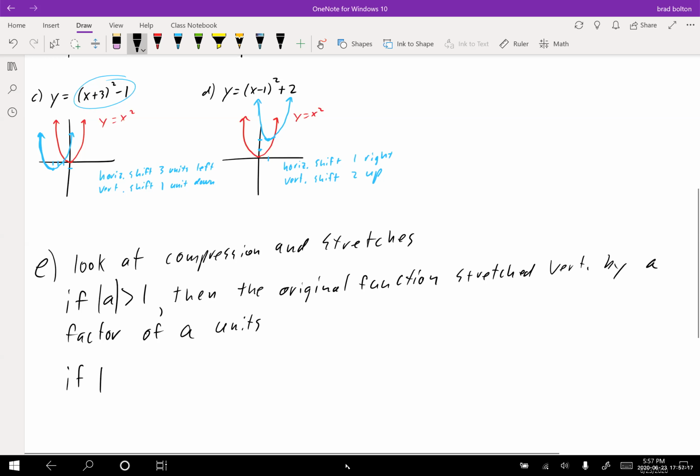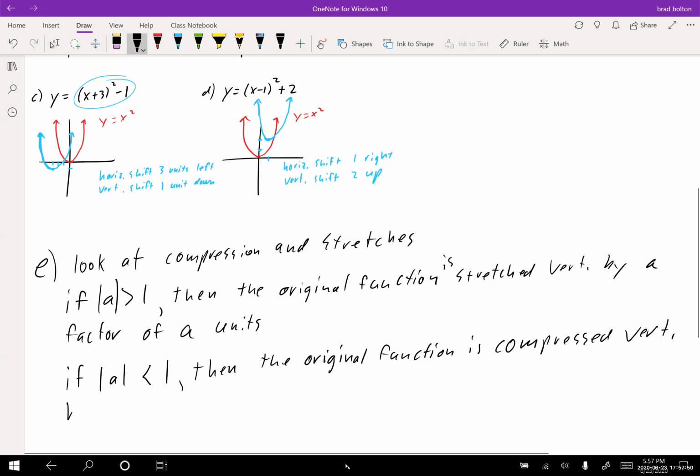Okay. If the absolute value of A is less than 1, meaning it's a fraction like 3/4 or 1/3, then the original function is compressed vertically by a factor of A units.